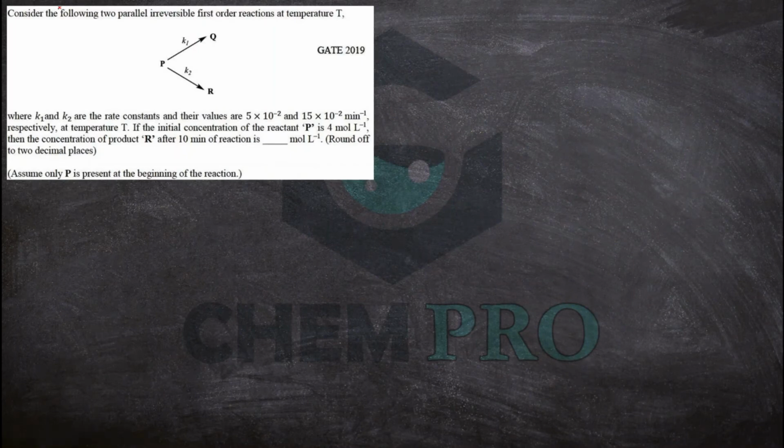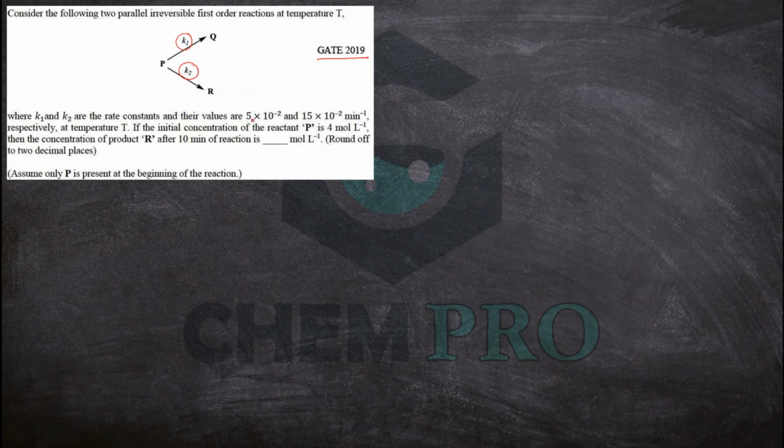Now next, here is a question from GATE 2019. The question says: consider the following two parallel reversible first order reactions at temperature T, that is P to Q and P to R, where K1 and K2 are the rate constants.